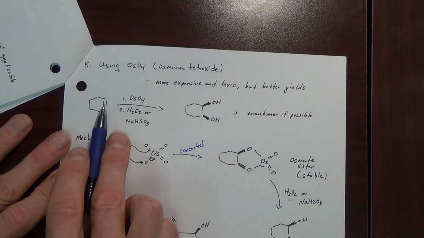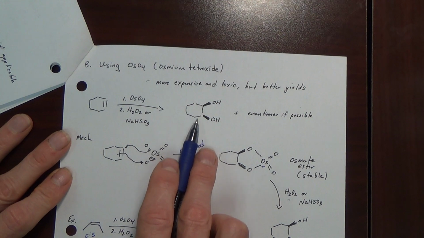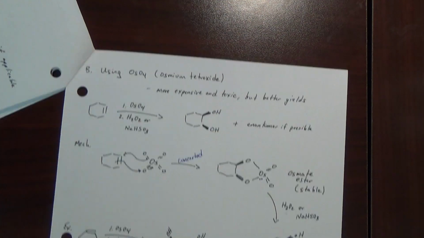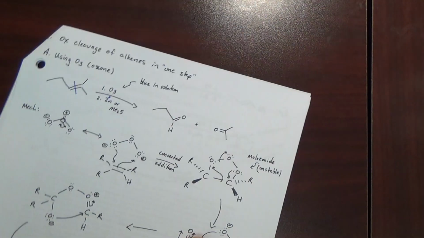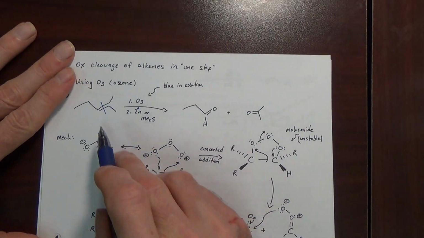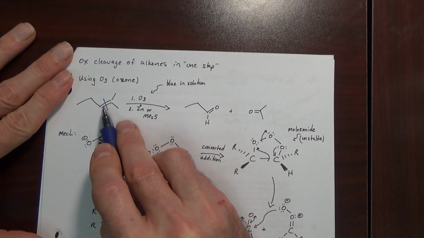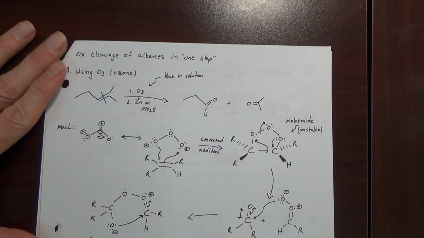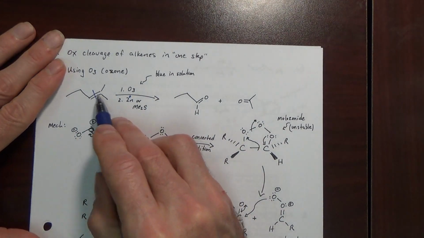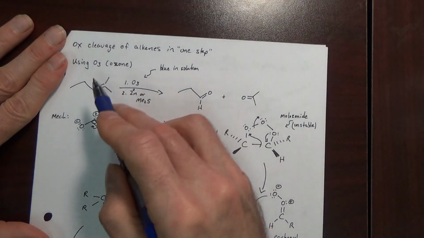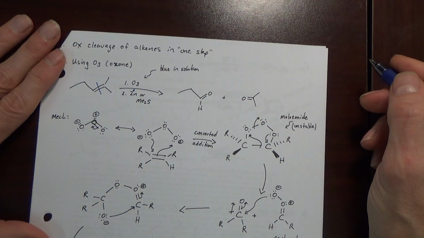Really it only cleaved the pi bond. With osmium tetroxide, we cleave both the pi and the sigma bond. We completely break the two carbons apart. And each carbon becomes a carbonyl.